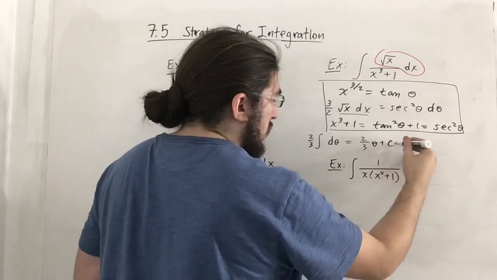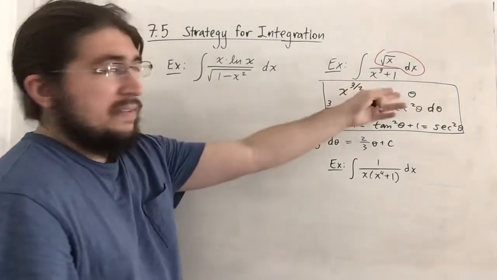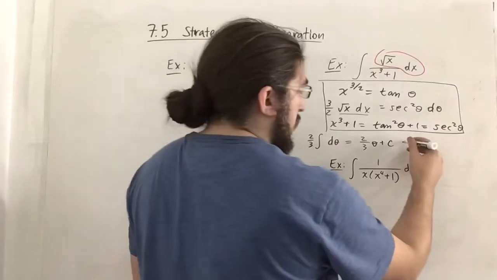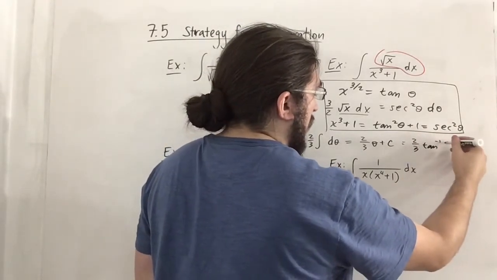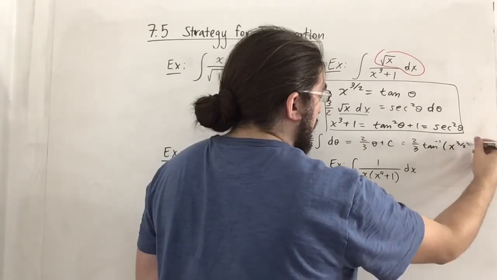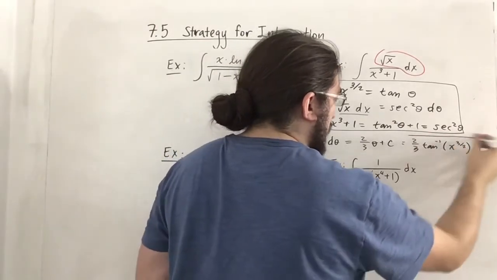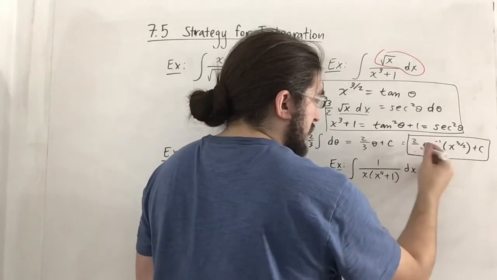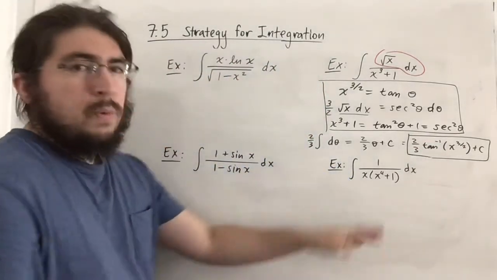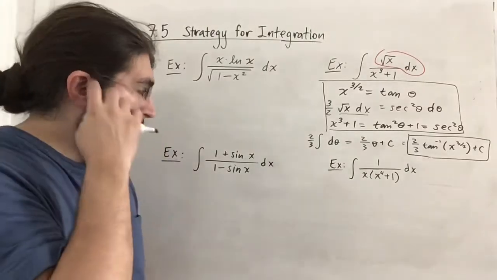But now the only issue is how do we solve for theta? Well, basically I have to take tangent inverse of that. So really the answer is 2/3 tangent inverse of x to the 3/2, and then plus c. So that wasn't actually too bad. So instead of being an exercise on your own, I kind of did you a solid there. Maybe we can do the same here, but let's see.